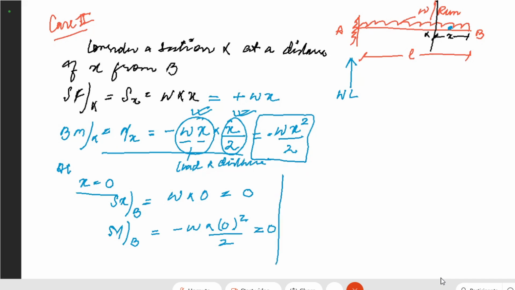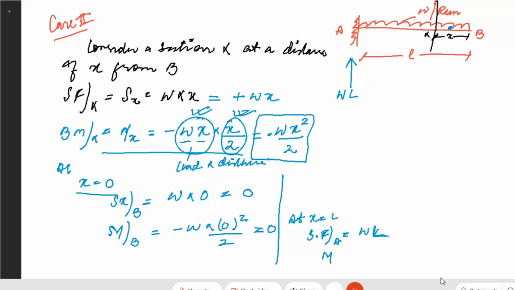Now second end condition is when x is equal to L. Your bending moment or your shear force when x is equal to L means it is at point A. Shear at point A will be equal to W into X, that is L, that will be equal to WL.